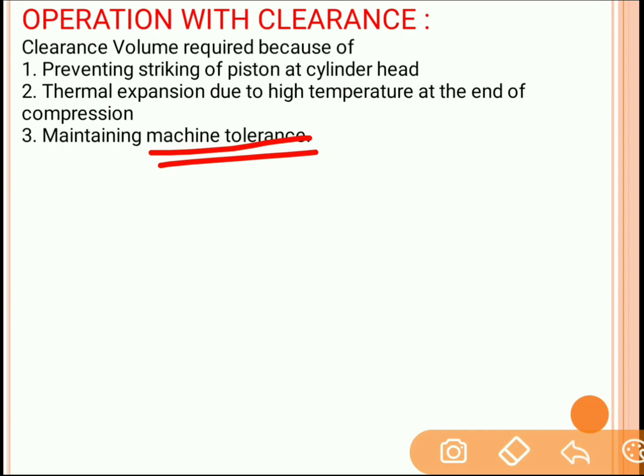Now it is not possible to perfectly manufacture a zero clearance compressor, because every time you can't manufacture two machines with exact same dimensions. So tolerance means what? There is slight misalignment in the dimensions when manufacturing two components of similar size.